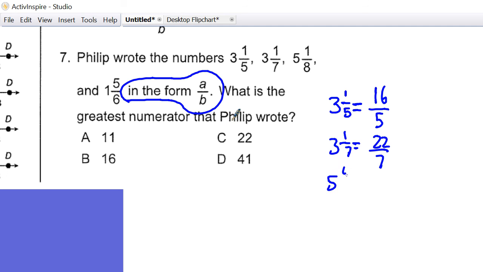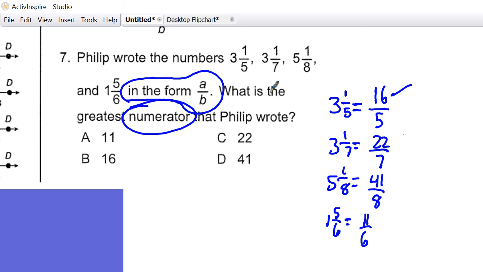We've also got 5 and 1/8 is going to be 5 times 8 is 40, plus 1 is 41, 41 over 8. And the last one is 1 and 5/6. That's going to be 1 times 6 is 6, plus 5 is 11, 11 over 6. Reread the question. What is the greatest numerator that Philip wrote? The numerators are 16, 22, 41, or 11. Clearly the greatest numerator there is D, 41.